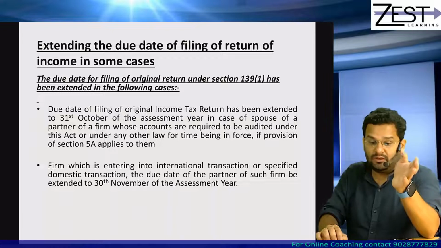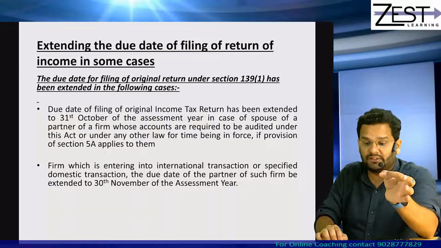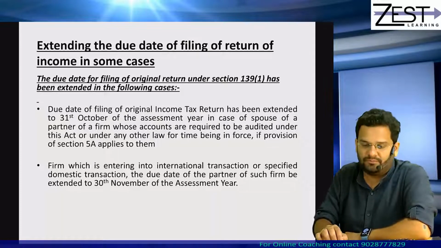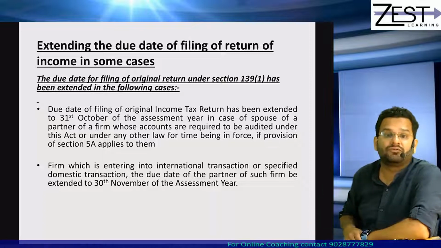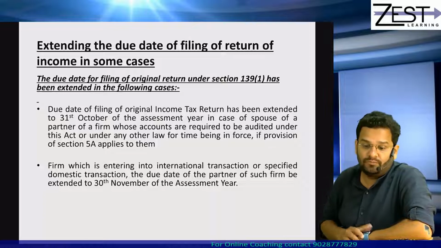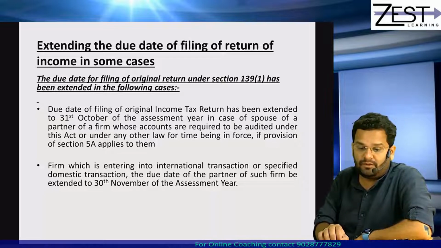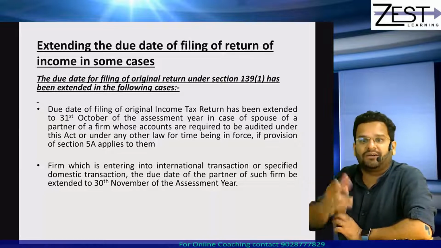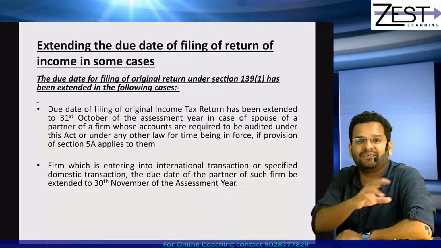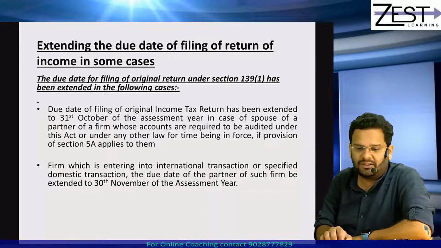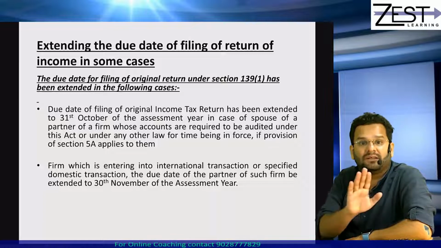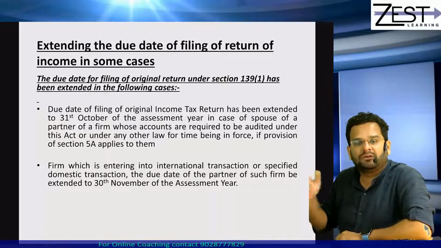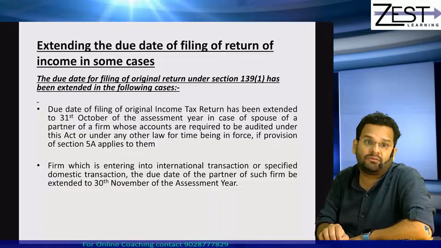And then for a firm which is entering into an international transaction or specified domestic transaction, SDT, which we have discussed in section 92. So for them, for the partner, the due date will be 30th November. Now for the firm it was already 30th November. Now for that partners also it will be 30th of November.